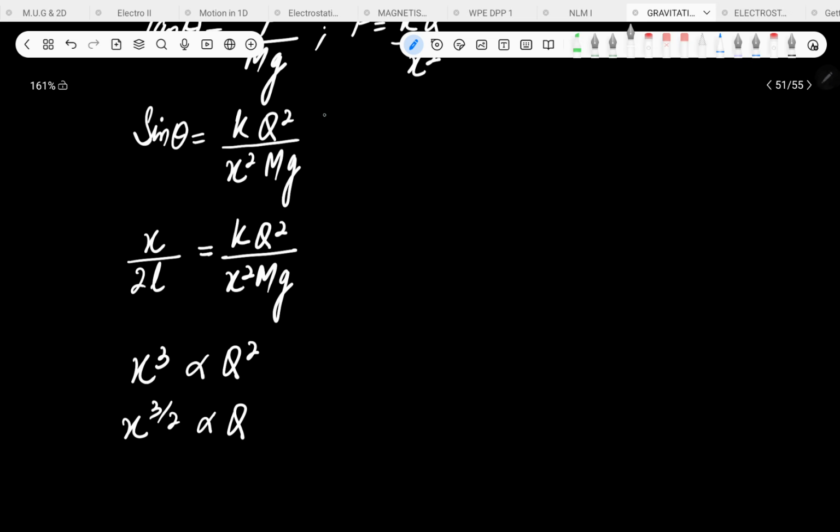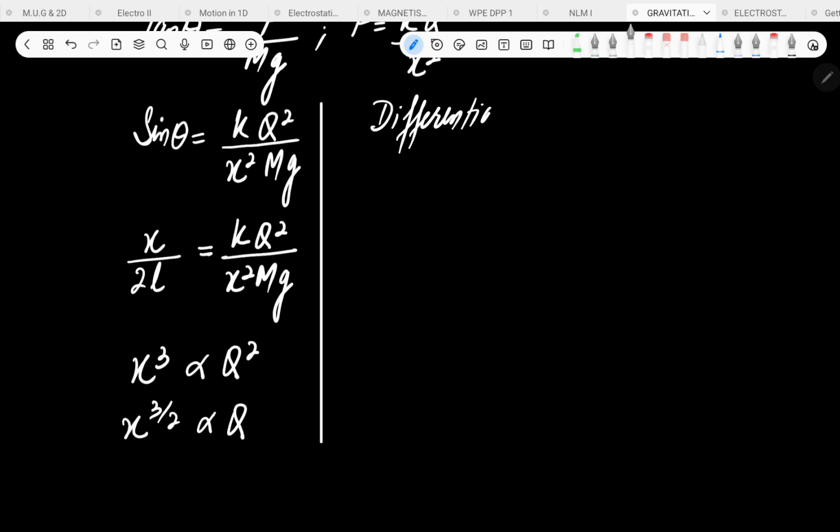Now we are in search of velocity. You should know exactly that velocity is dx by dt, isn't it? So next what I am going to do is that I will try to differentiate this equation with respect to time. Differentiate with respect to time. Okay? So you should know the differentiation of x raised power n, that's n x raised power n minus 1. So this means the differentiation of x raised power 3 by 2 will be 3 by 2 x raised to the power 3 by 2 minus 1.